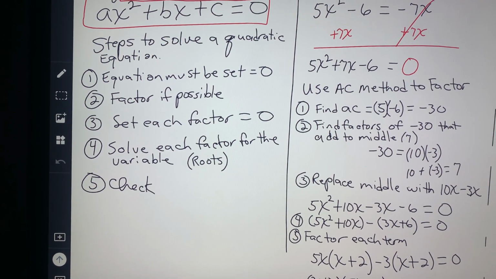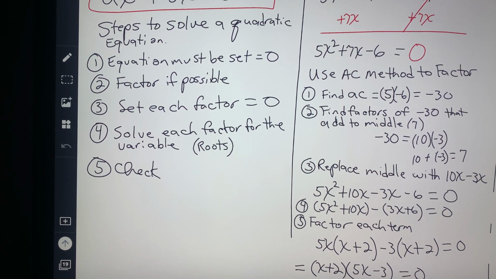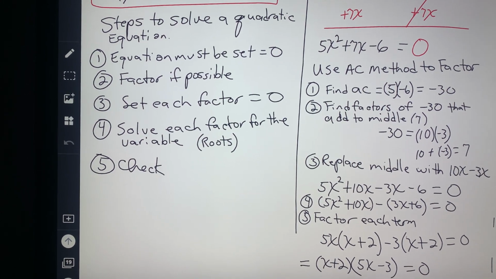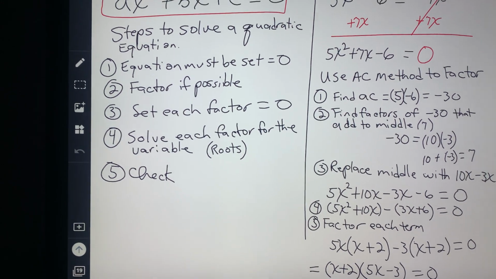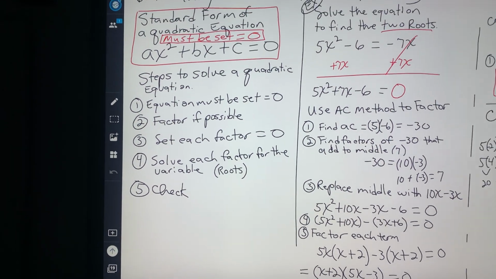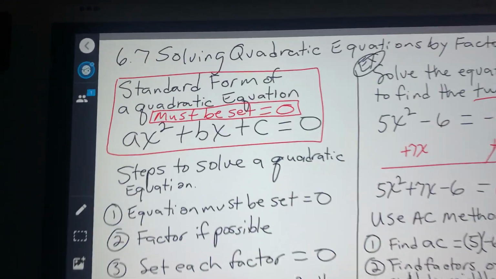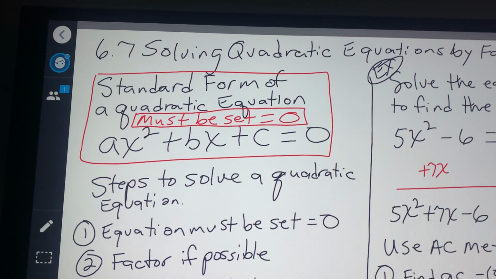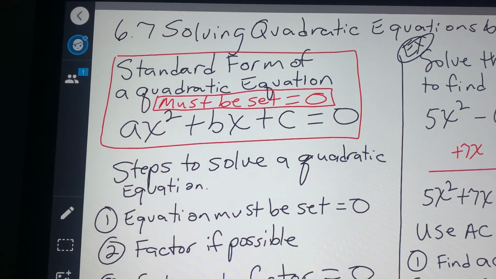Factor, and then we set each factor to 0, and then solve each factor for the variable. Those are also called the roots. So as long as your problem is written in the form of ax squared plus bx plus c, the equation must be set equal to 0 first.